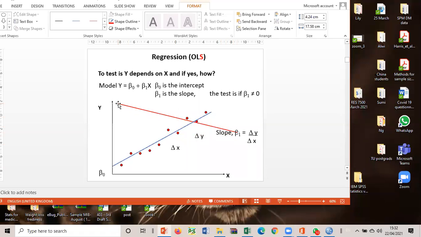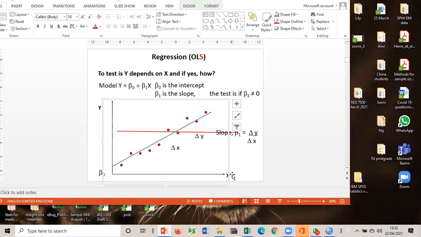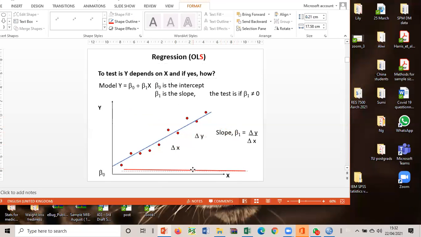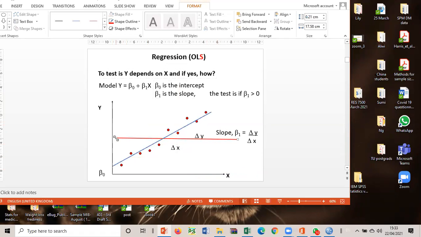Now, what about this red? 0 or non-zero? 0. 0 means we say Y does not depend on X. The blue line means the slope is not 0. In this case, it's more than 0. Then it says Y depends on X. If the slope goes this way, is the slope 0 or non-zero?